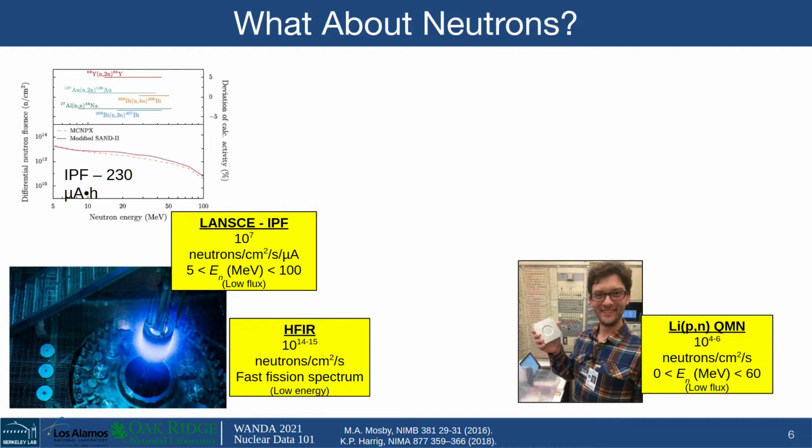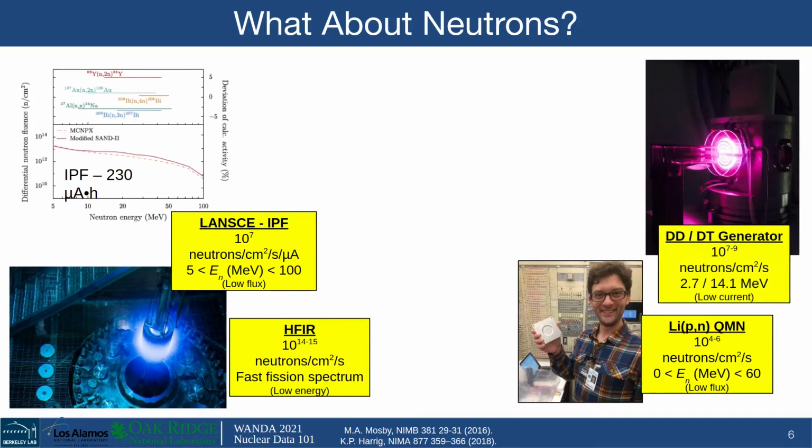DD and DT generators allow for a fairly compact fast neutron source around 2.5 and 14 MeV, but similarly, these sources are somewhat limited due to the deuteron currents that can be practically run in such a generator without arcing or breakdown. In addition, there is very little control over the neutron energy spectra accessible in these facilities due to the kinematics of DD and DT fusion.